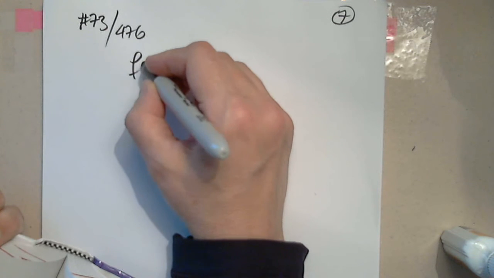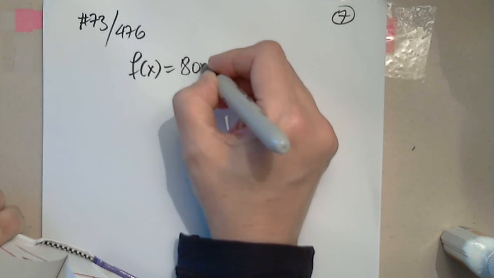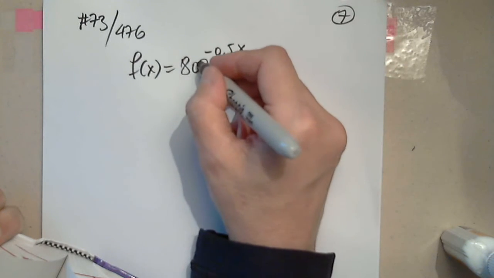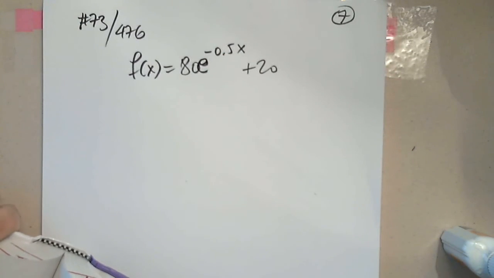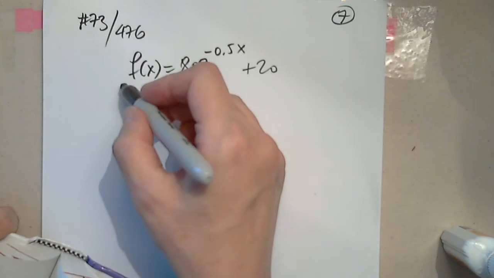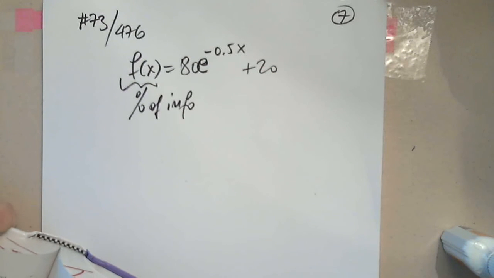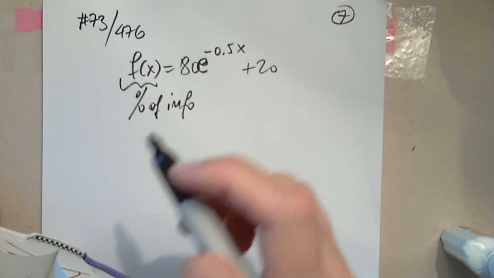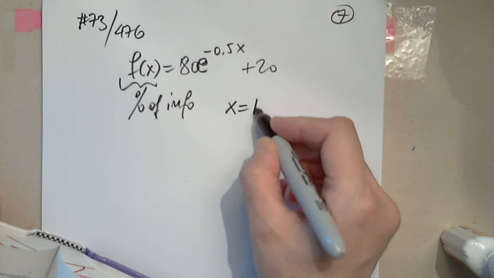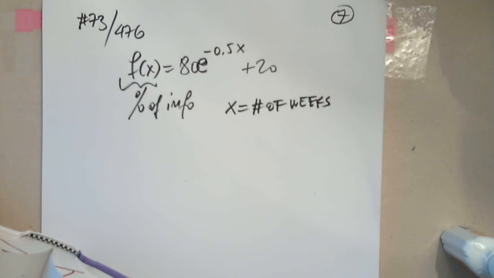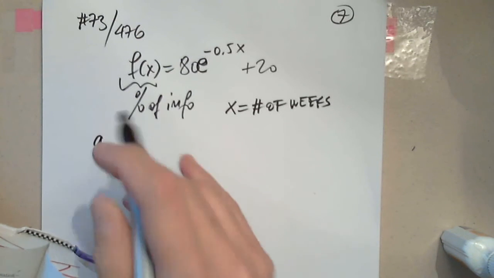The function f of x equals 80 times e to the negative 0.5x plus 20 describes the percent of info that a particular person remembers x weeks after learning it. Find the percentage of information remembered at the moment it was first learned.